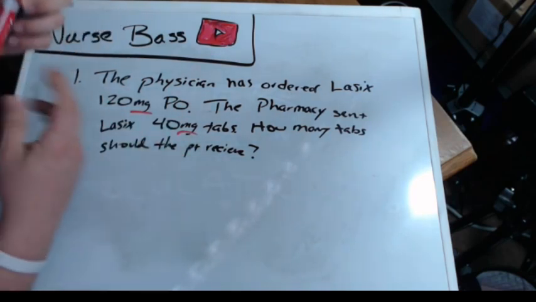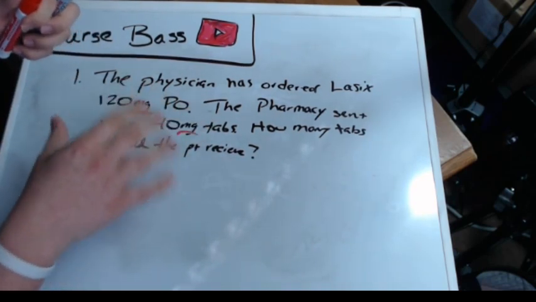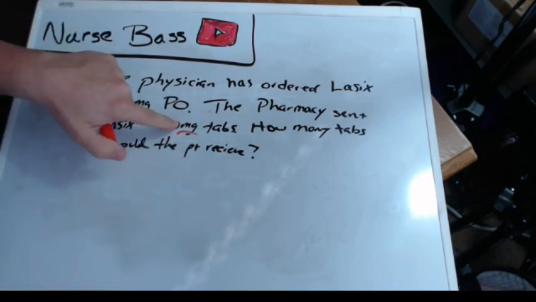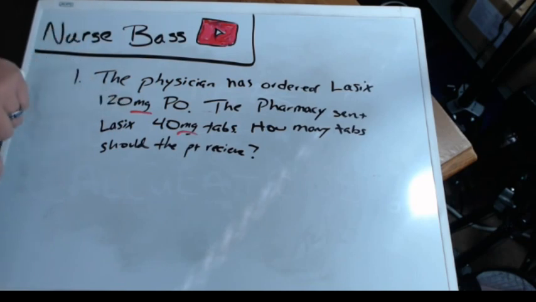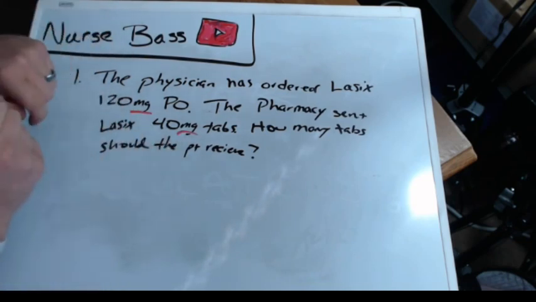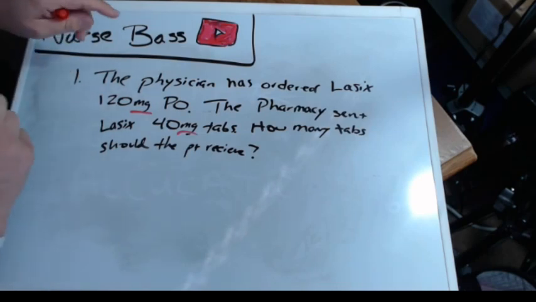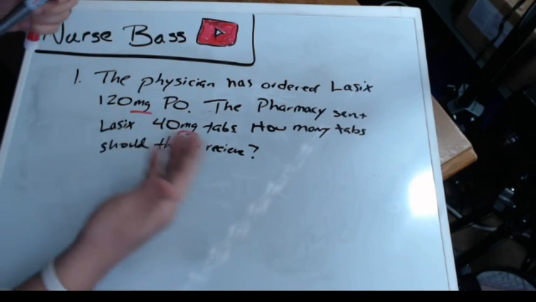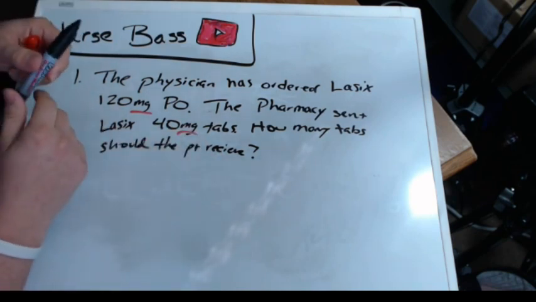That is one of the number one reasons nursing students get simple questions wrong. If this said micrograms instead of milligrams, they look so similar, and you didn't read every little stitch of the question, then you may get it wrong. So definitely look at your units, and then ask yourself, what is the question really asking me?